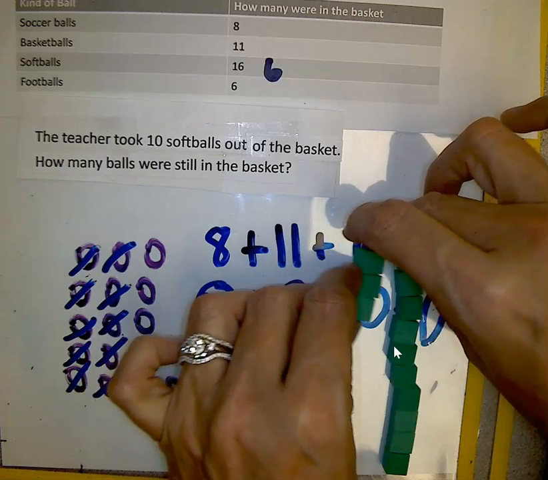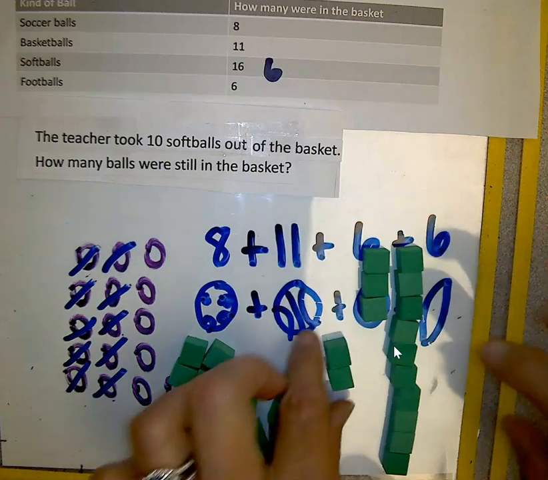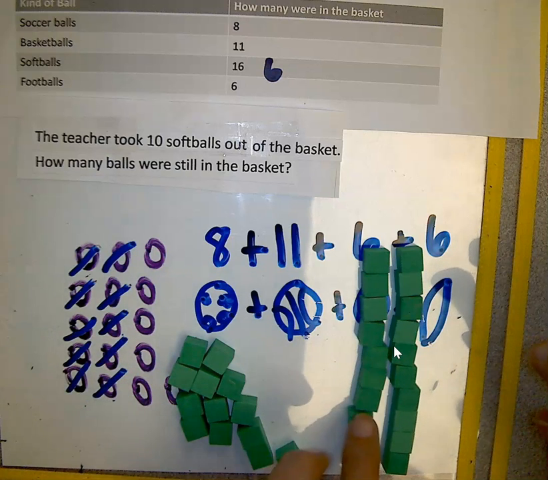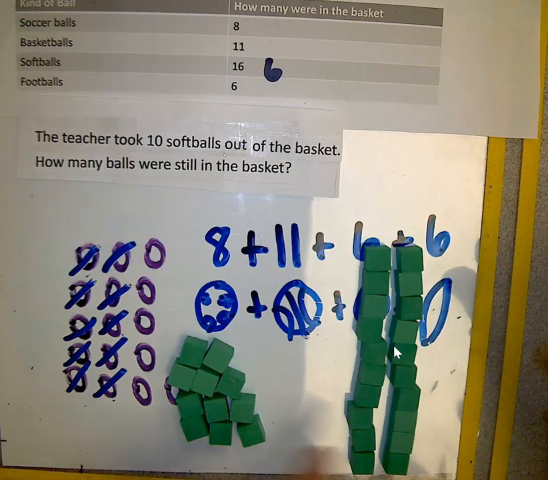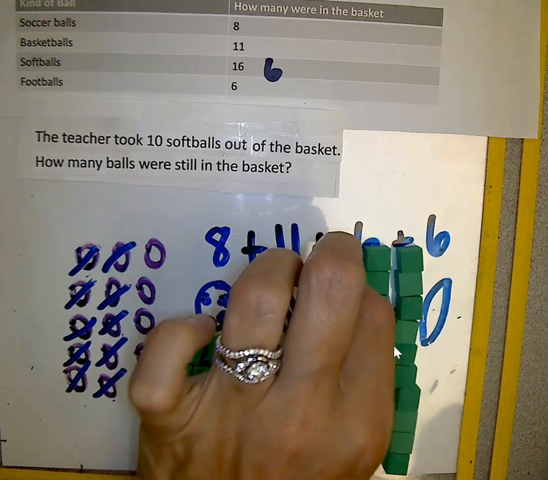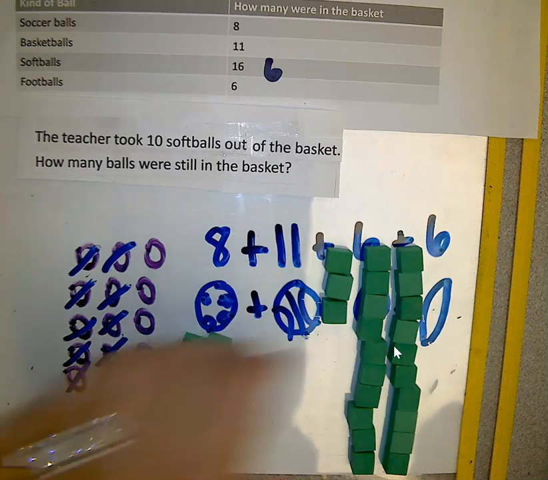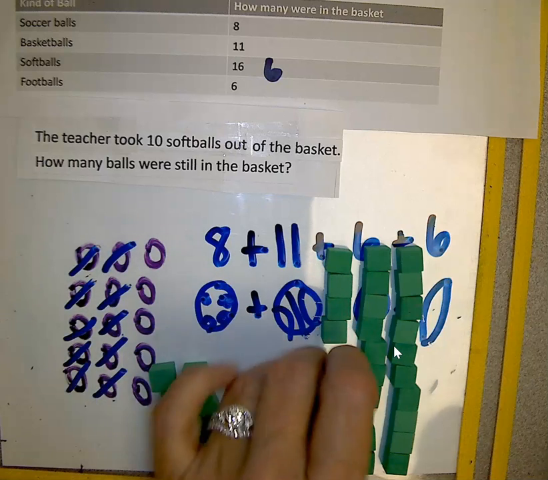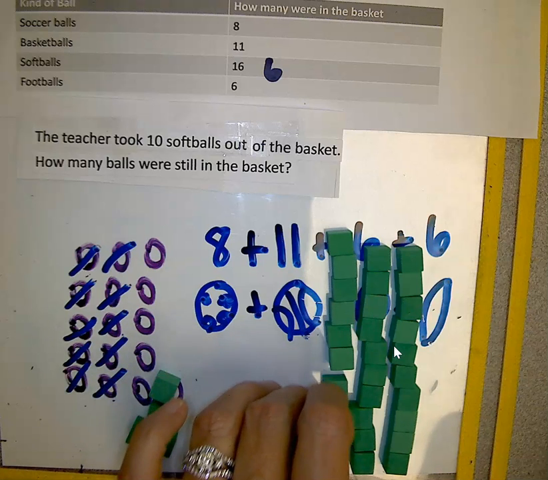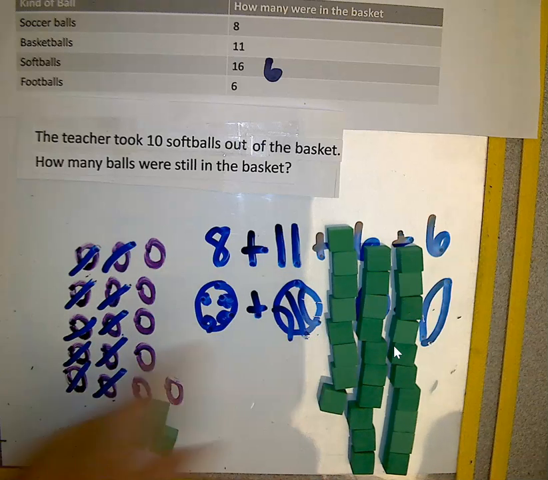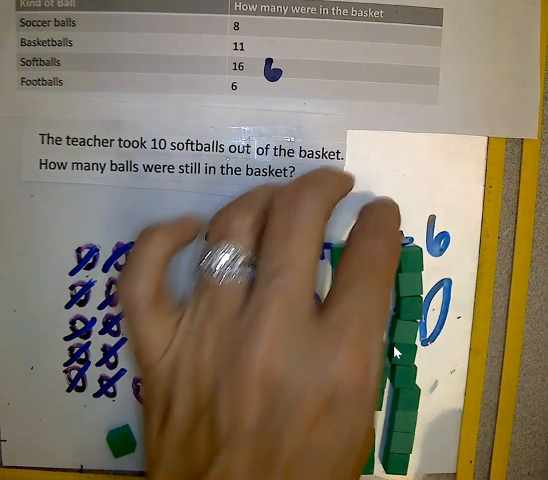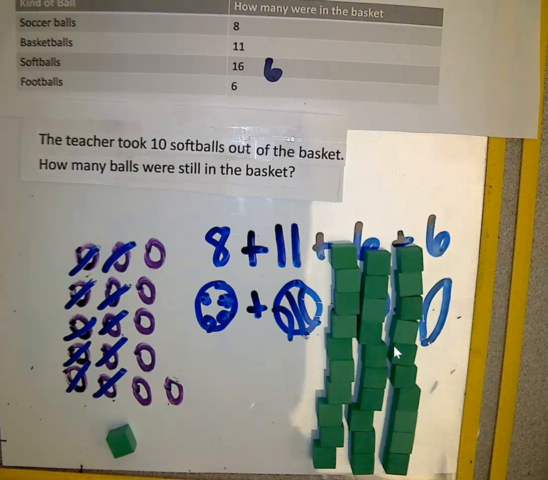Now let's make another group of 10. 1, 2, 3, 4, 5, 6, 7, 8, 9, 10. Let's make another group of 10. 1, 2, 3, 4, 5, 6, 7, 8, 9, 10. How many groups of 10 do I have?